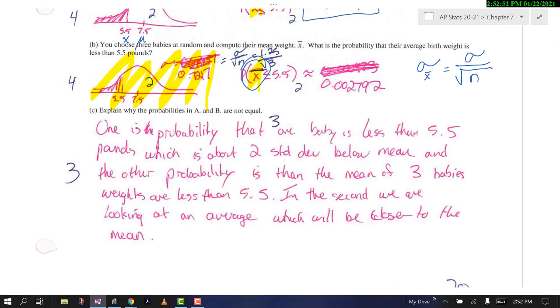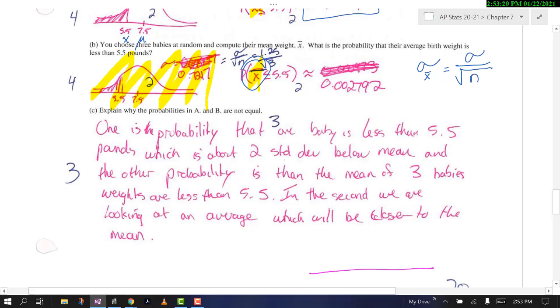Well, A is the probability that one baby is less than 5.5 pounds. That's not as unlikely, because there are small babies all the time. Chance that we get one baby less than 5.5, it's going to happen. Actually, that's one of my daughters, 5.2 pounds. So, less likely to have that happen.